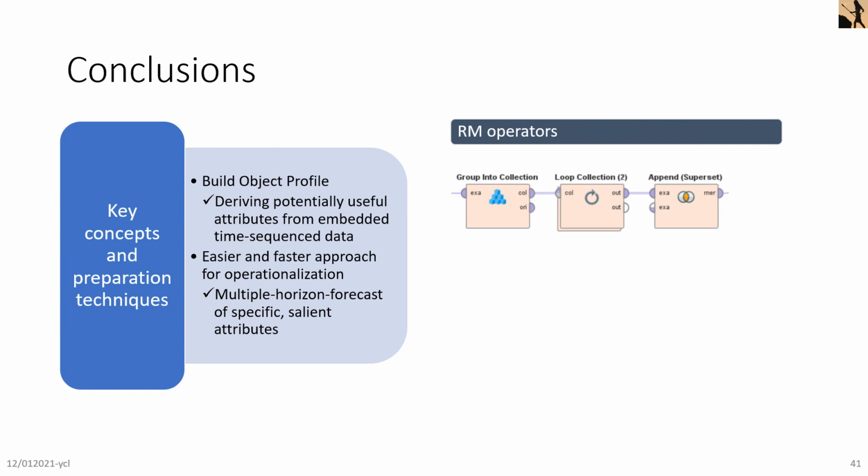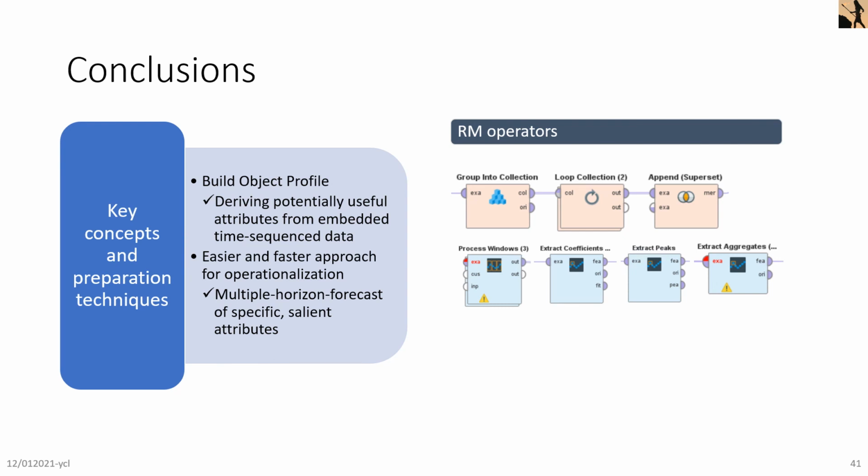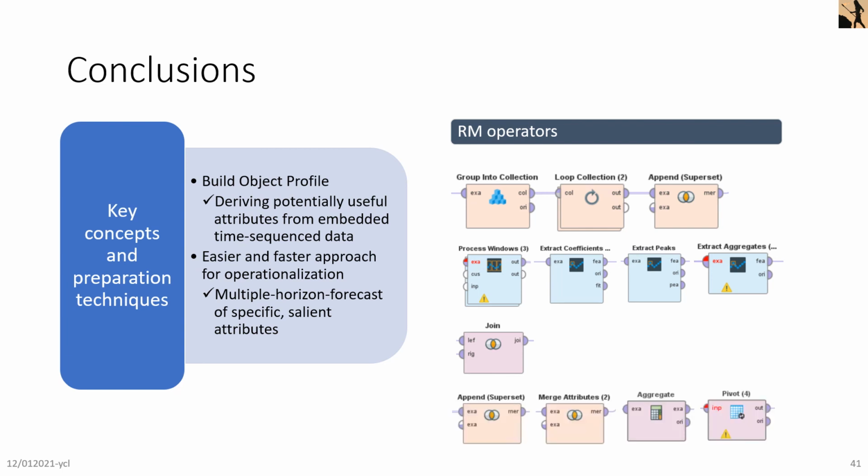Again, we do the group into collection and loop collection, and we append the results together, right? And we use the process windows, where we can plug in the extract coefficient or other things inside it, and we can extract the peaks, we can extract the aggregates, right? Now we can also do the join to finally join everything together, right?